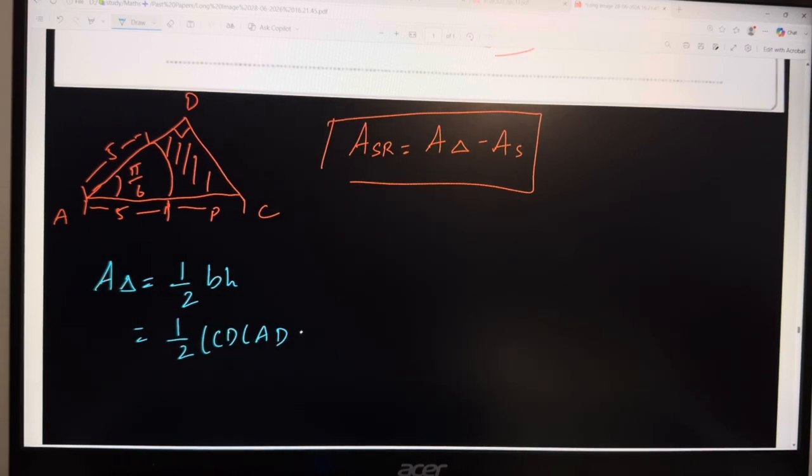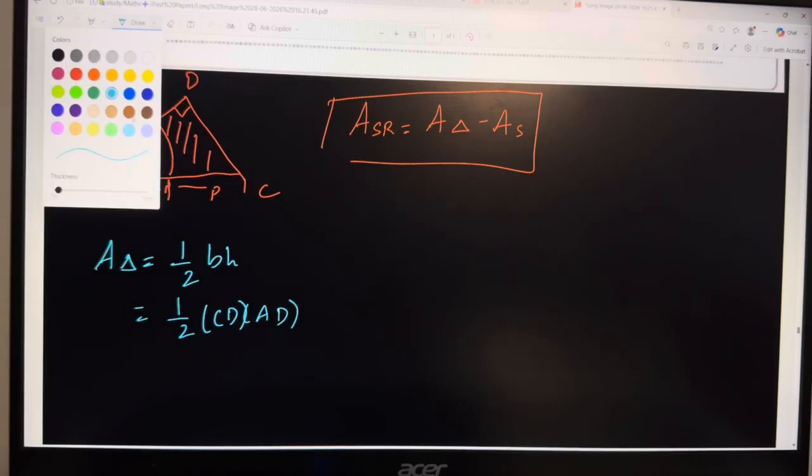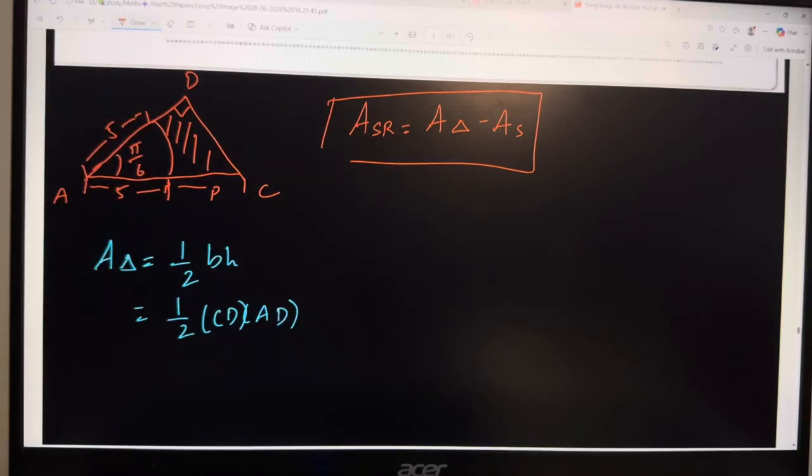Here we don't know the values of either, so we can try to find them by cos or sine or tan. We know this is 5 plus p.